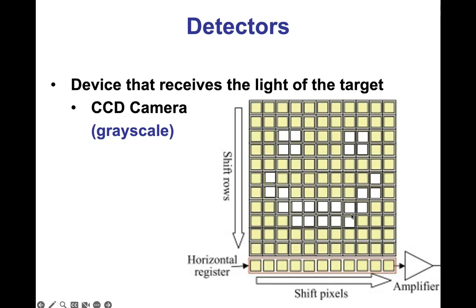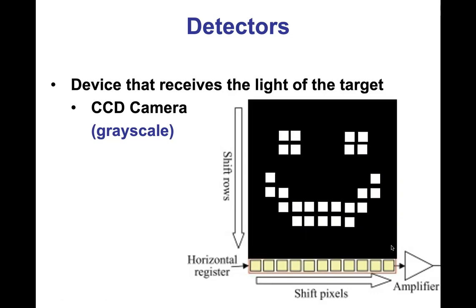And so you take that file on the computer that's just rows and columns of numbers, represent it as shades of gray, and the computer shows you that, and you go, oh, it's a smiley face. All right? A CCD camera is a map of how bright these different areas on the sky were.